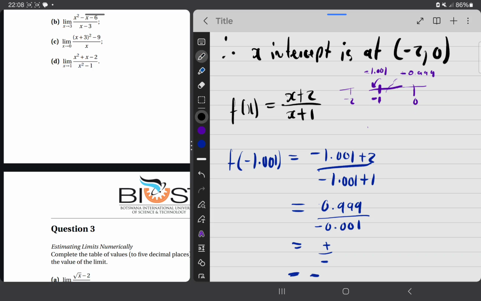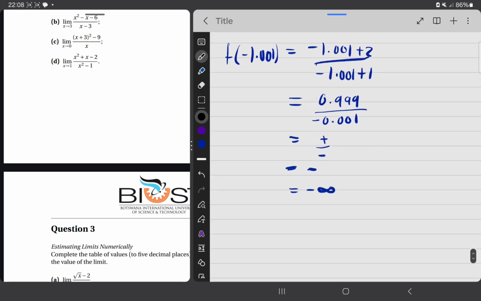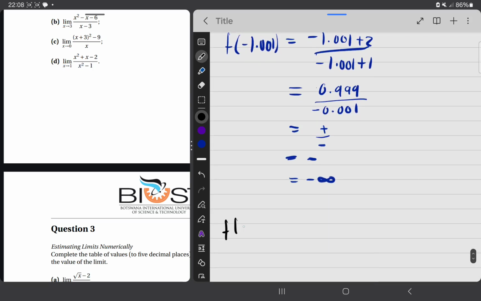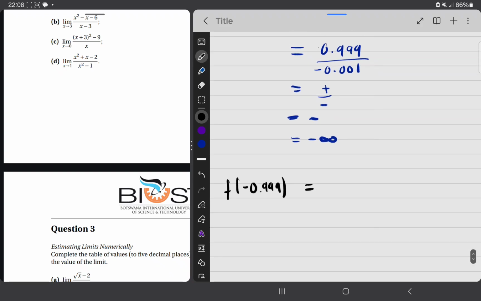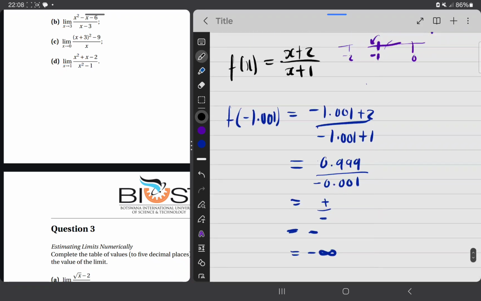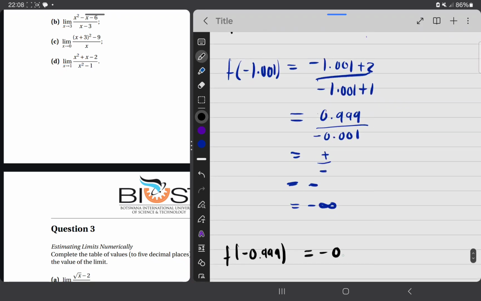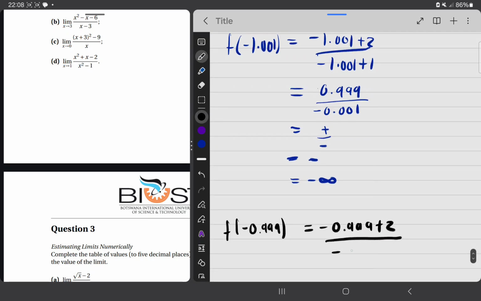Now let's see on this side if it's going up or it's also going down. They can both go down. Now we're going to do f of negative 0.999. So on top, we are putting in negative 0.999 plus 2 over negative 0.999 plus 1.